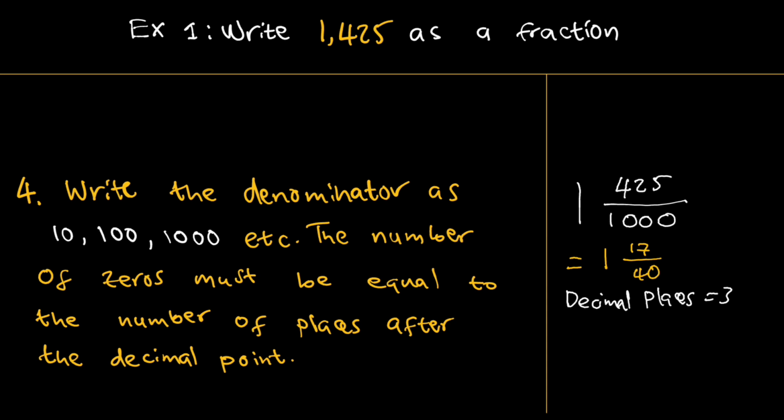All right. Now, this will be your answer. Okay. So 1 in front of a decimal point. All right. Now, let's explain what we did on the previous example.